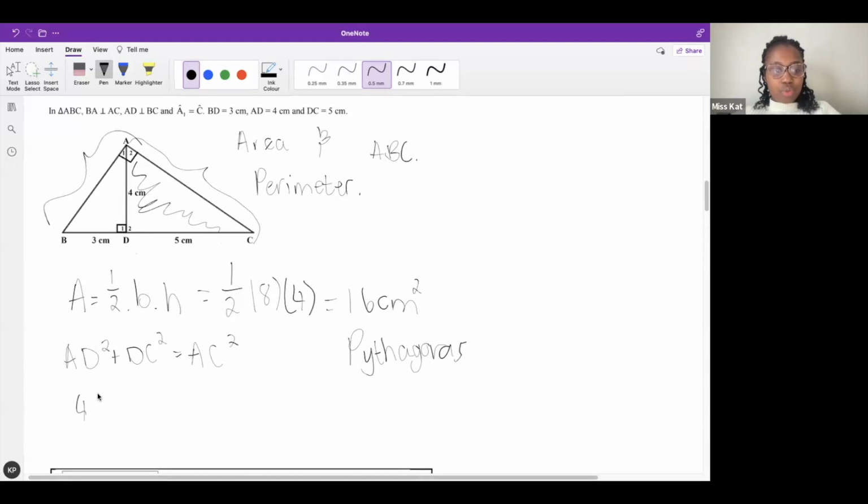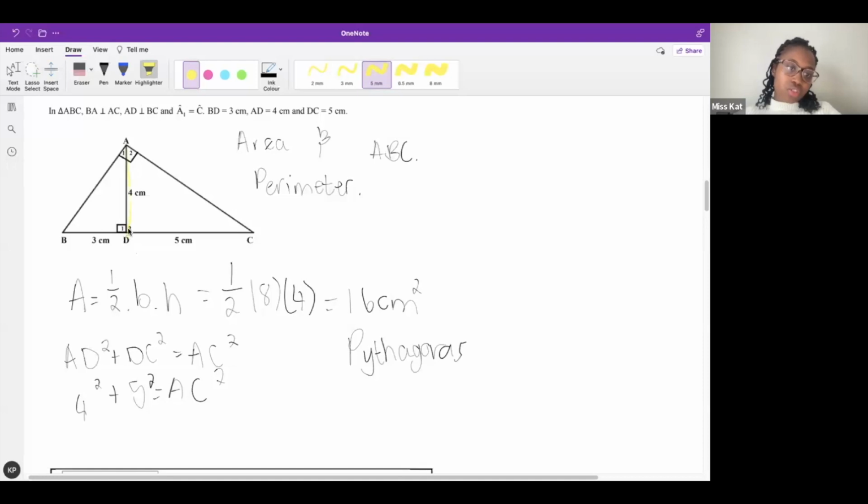So AD is 4 squared plus DC, which is 5 squared, will give us the side we want, which is AC squared. Do you guys see that AC is the hypotenuse of the smaller triangle? So we're doing Pythagoras of this triangle over here. That's the one we're doing.